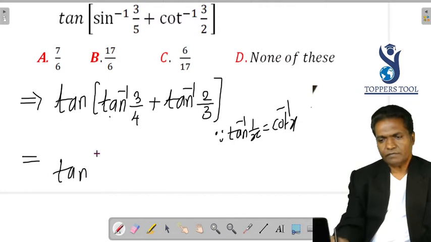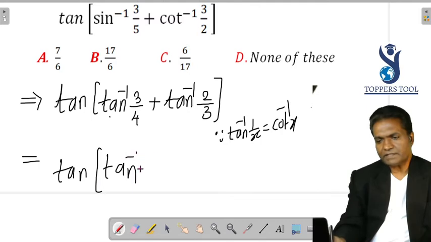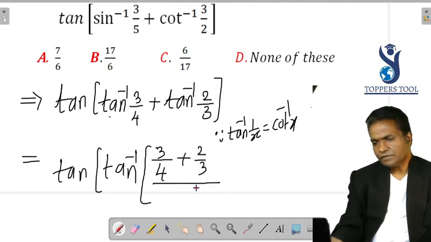Which is equal to tan of, use the formula of tan inverse x plus tan inverse y. So you can write it as tan inverse of (x plus y) by (1 minus x into y), 3 by 4 into 2 by 3.